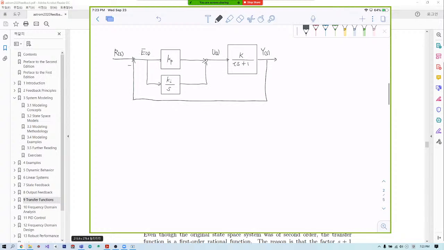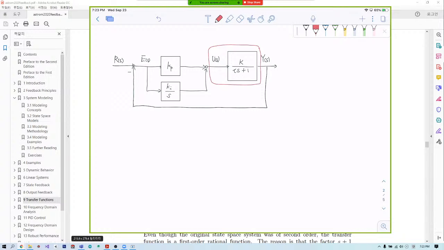Let's first take a look at this portion. We can write down the relationship between U of s and Y of s like this: Y of s equals K over tau s plus 1 times U of s, right?